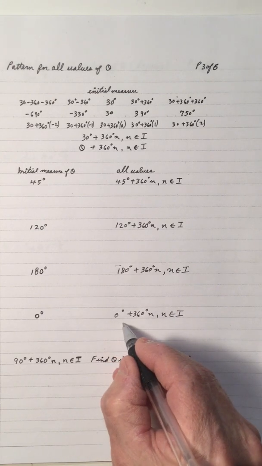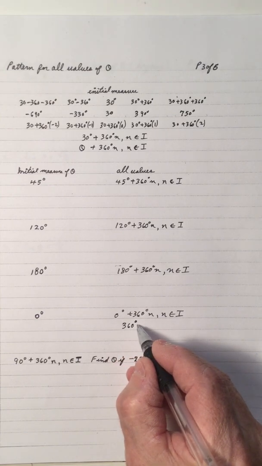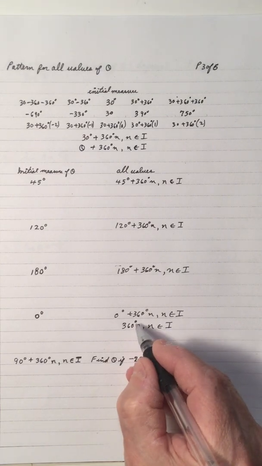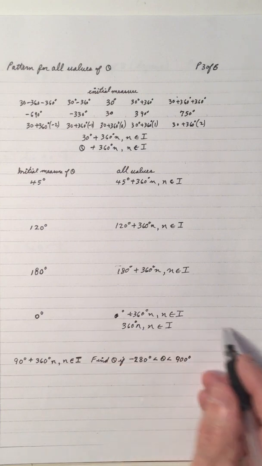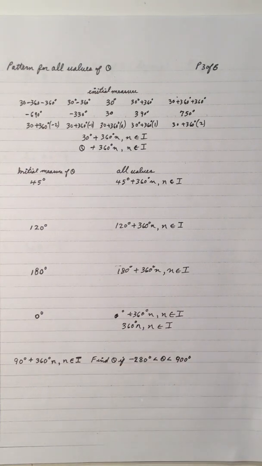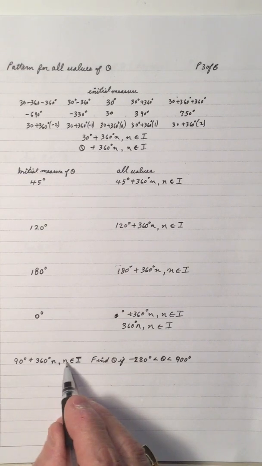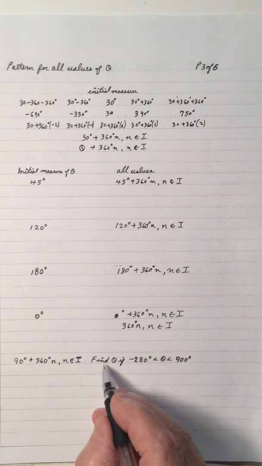But for 0, we can just write down 360n, where n belongs to the integers, because 0 added on to 360n is still 360n. And we have a notation here, 90 plus 360n, where n belongs to the integers.